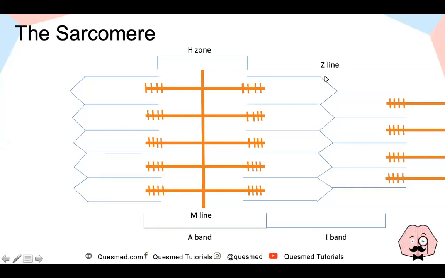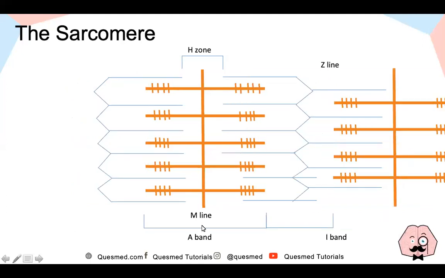And then we've got the Z line, which connects all of the thin filaments to each other. As you can see, as the muscle contracts, the M line stays the same and the Z line stays the same, obviously. The A band stays the same in length, but the I band and the H zone will reduce in size because the thick filaments are being pulled across the thin filaments.